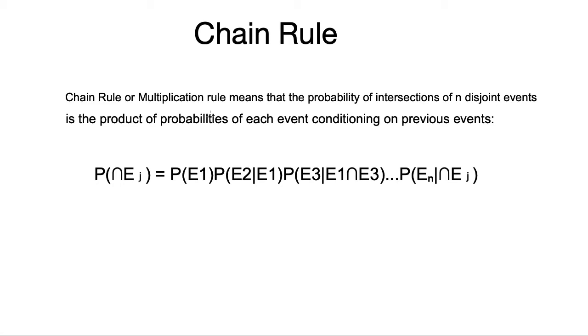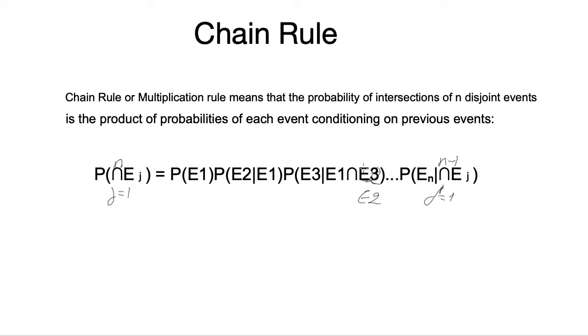For example, if we have the intersection of n events, where j goes from 1 till n, the probability of this intersection will be P of E1 times P of E2 given that E1 occurred, times the probability of E3 given that E1 intersection E2, and so on till the probability of En given that the intersection of the previous events, where j goes from 1 till n minus 1.